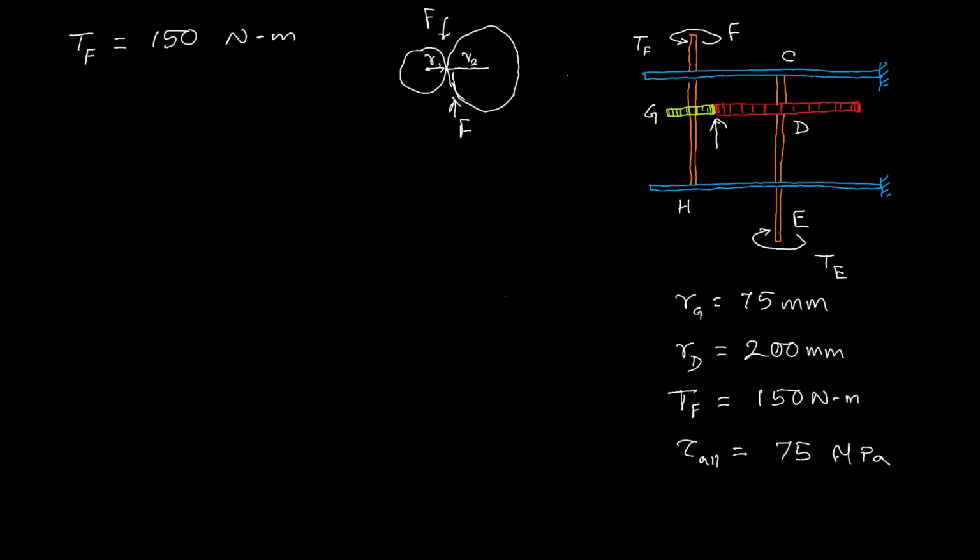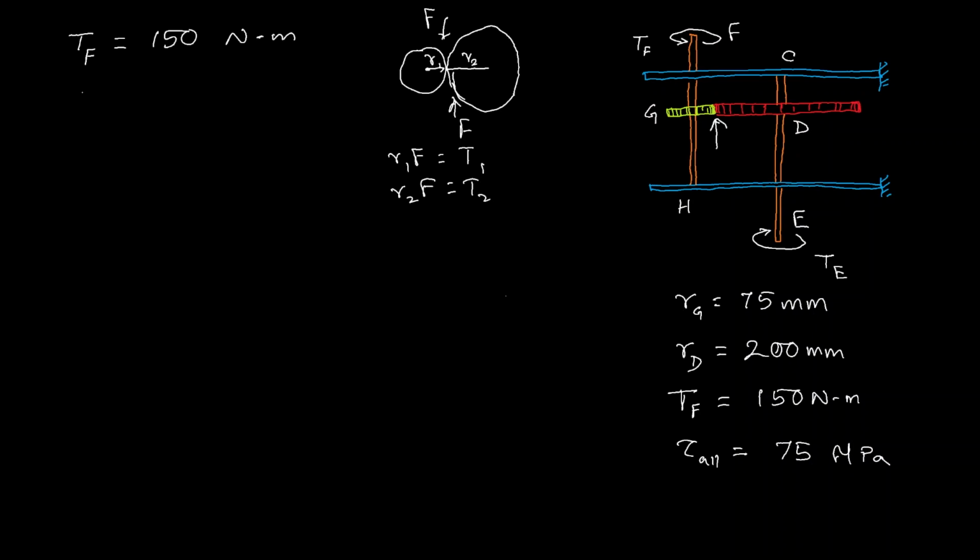So they make the torque different, because R1 F is the torque that acts here, equal to T1, and R2 F is the torque that acts there. So here we should not equate the torques but the forces.